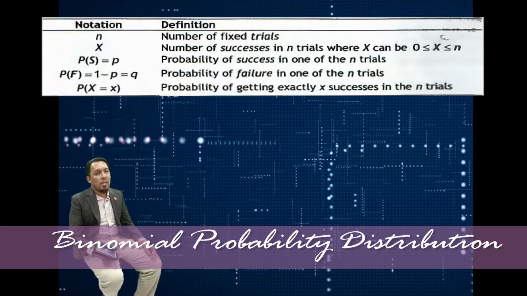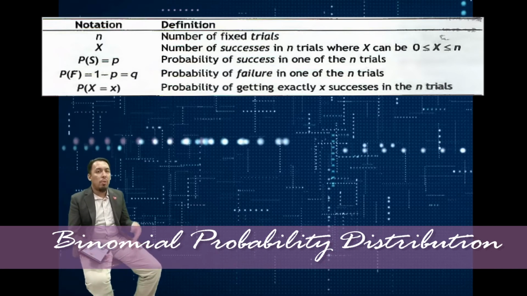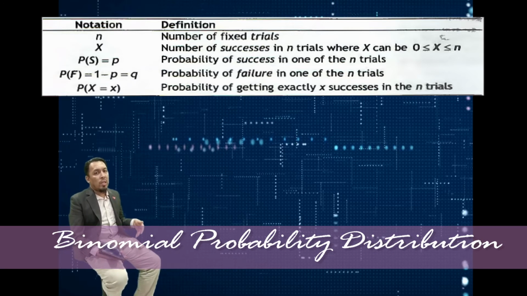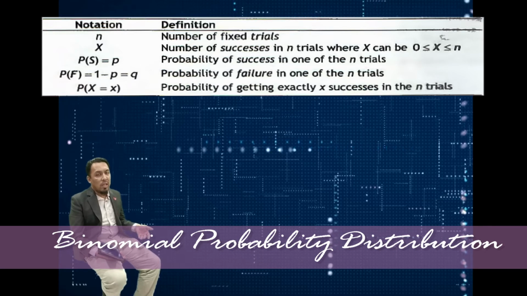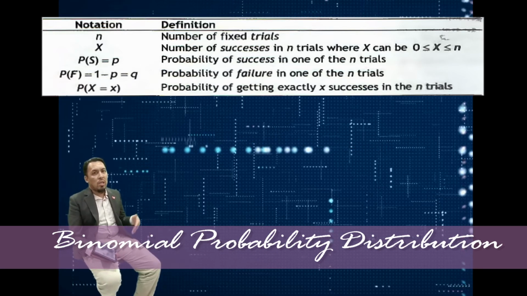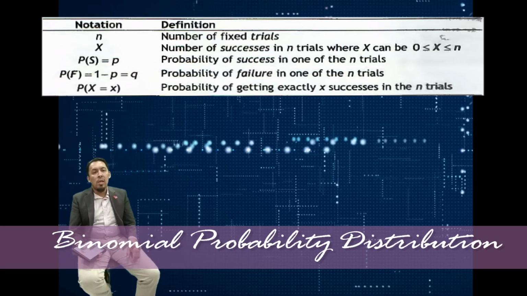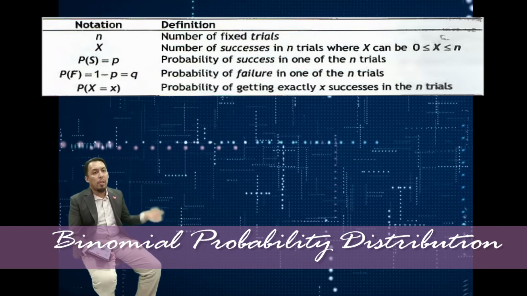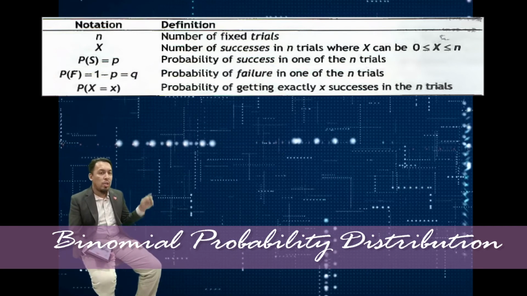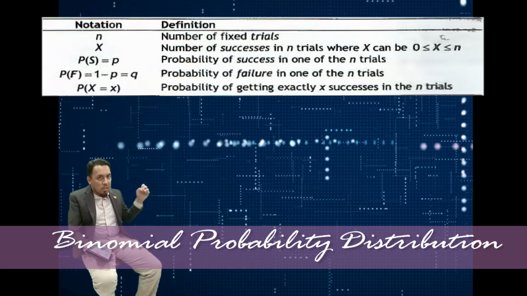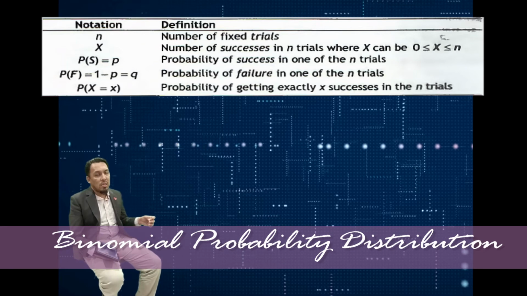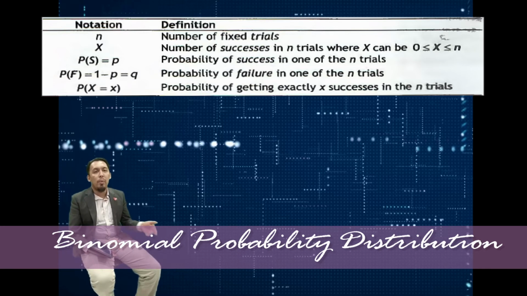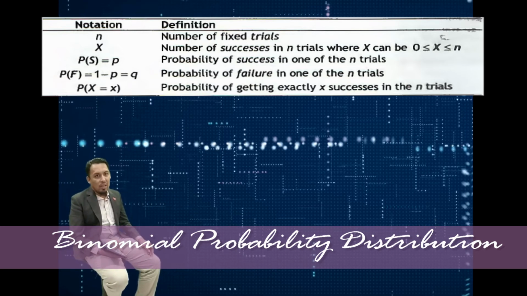Then we have capital letter X, which is the random variable, the number of successes in n trials, where the value of X can be from 0 until n. We can also have capital P of S, which is equal to small p, in other words, the probability of success in the trials. And then we also have q, which is 1 minus p, the probability of failure.